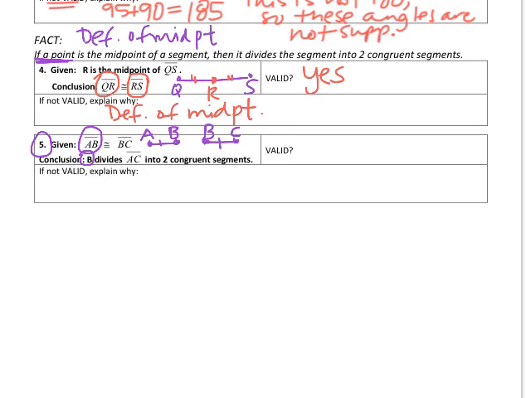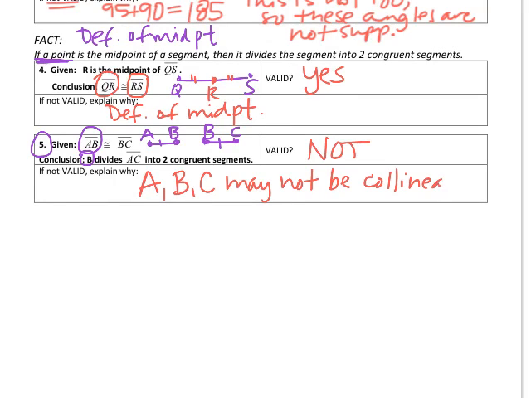So we would have to say no, points A, B, and C may not be collinear. We don't know if they are, so we can't assume that they are. And again, remember this little demonstration here that I gave you, AB might be a completely separate segment from segment BC.